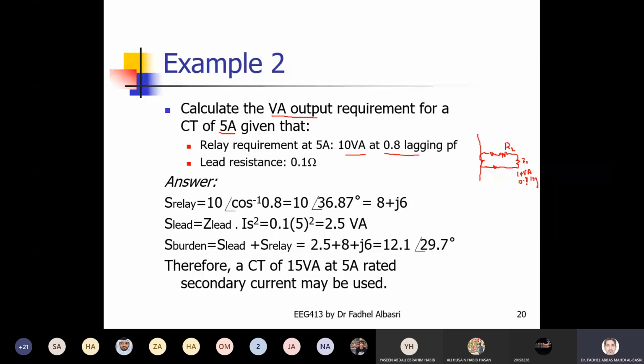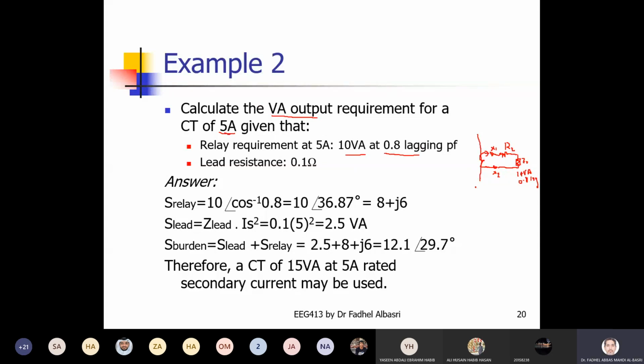So that's the burden of the relay. This is like X1, the output of the CT secondary. The rated current at the secondary is 5 ampere.